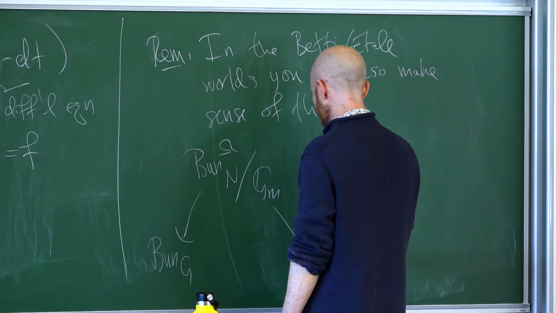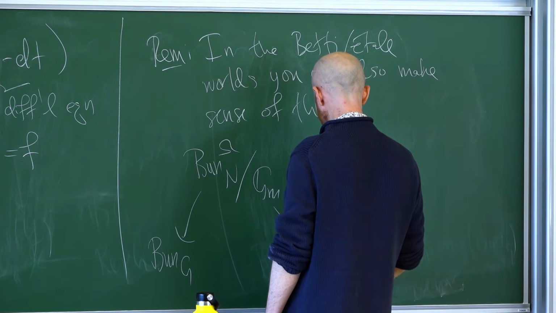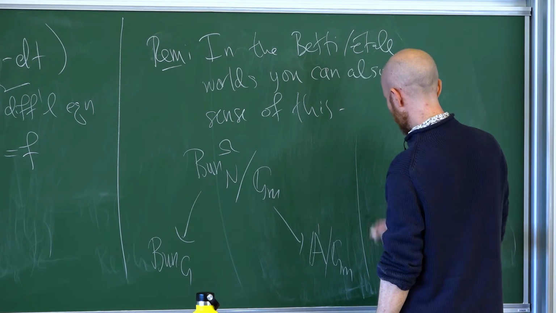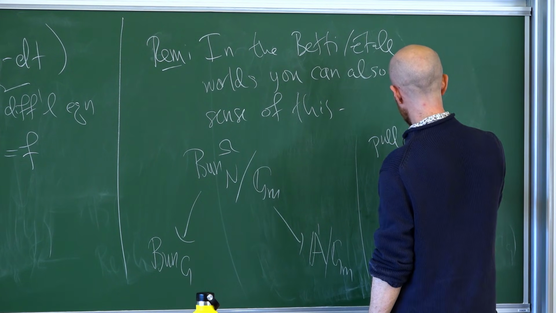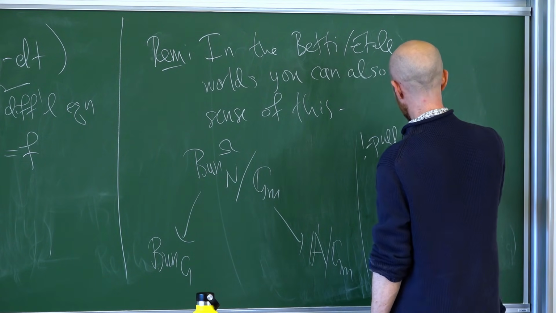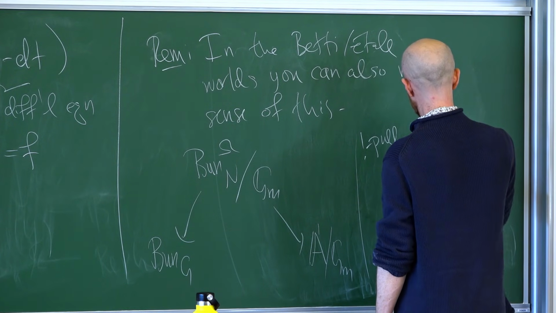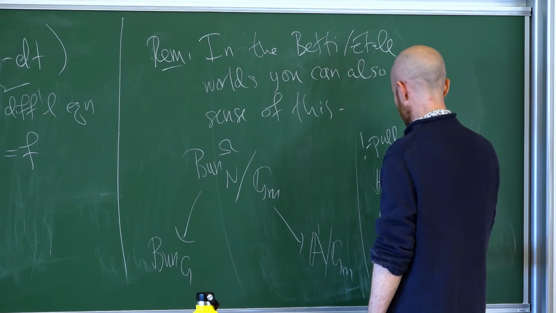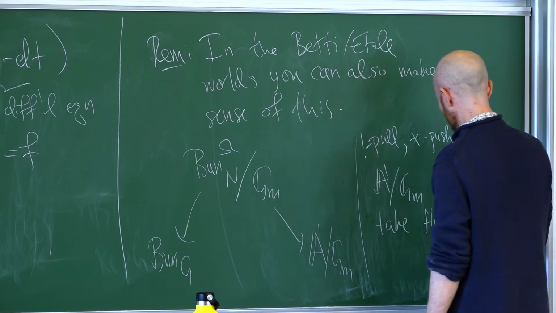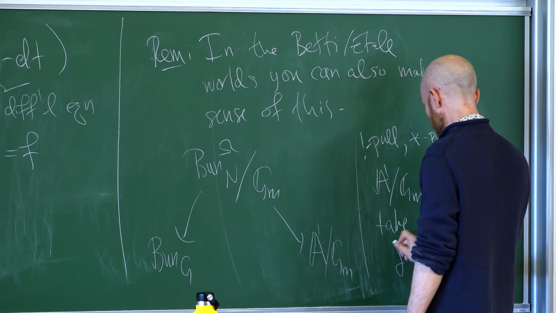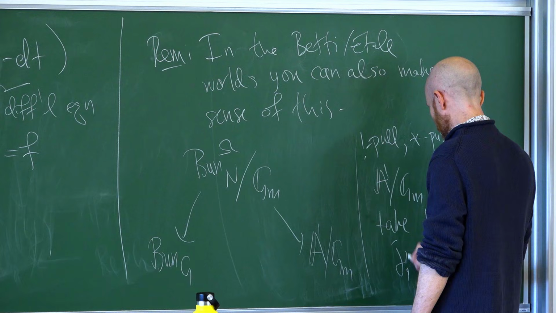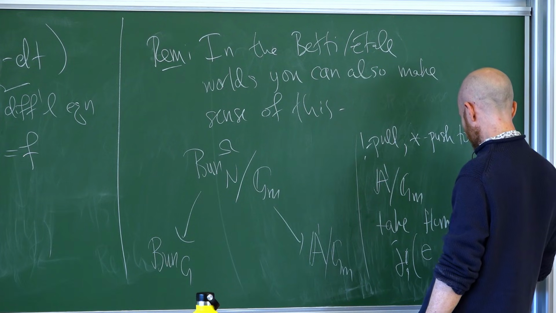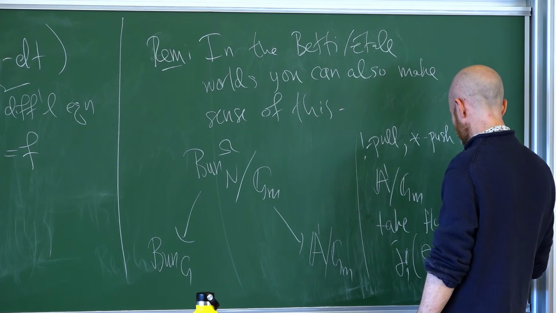This now maps to Bun_G, and this now maps to A1 mod G_m. So what I'm going to do is pull and then push to this A1 mod G_m, and then I take Hom from j lower shriek of the constant sheaf on G_m mod G_m on the point.